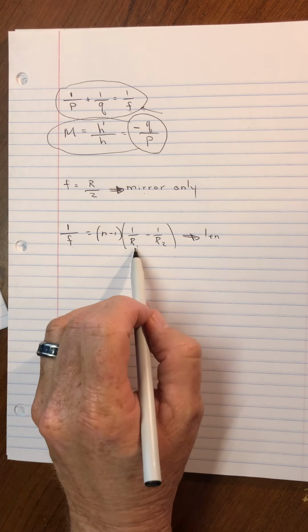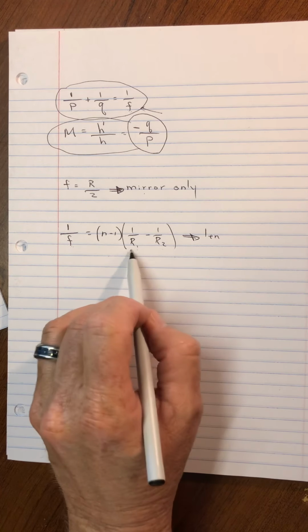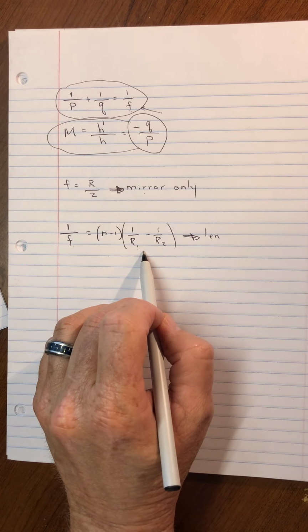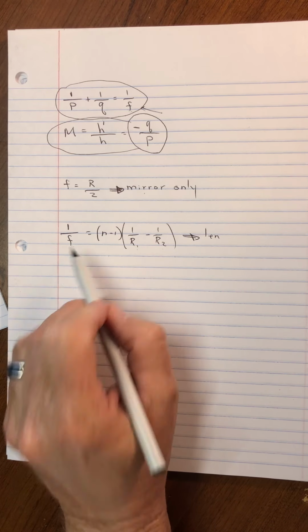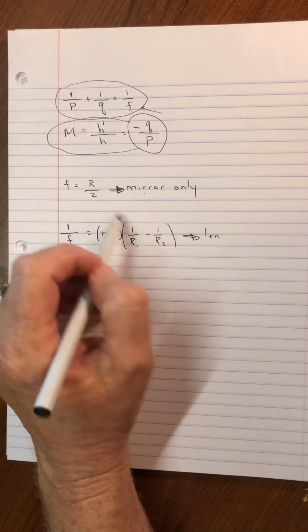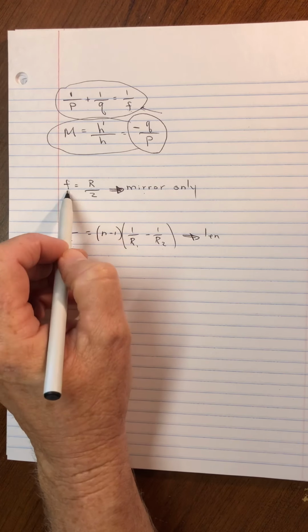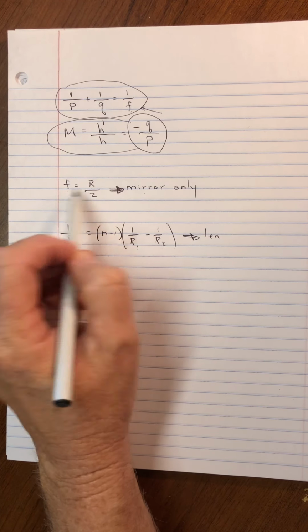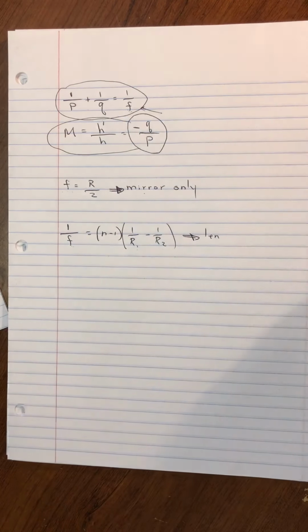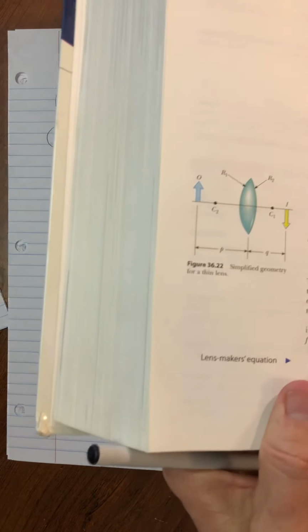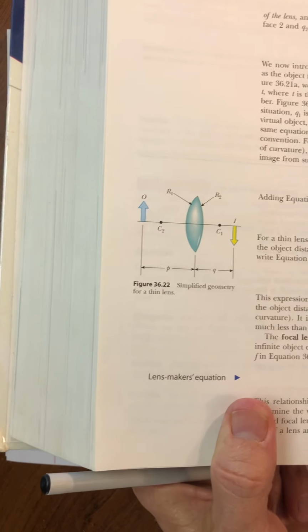So notice you could have two positive radii and yet still end up with a negative number here, whereas the mirror was much easier. When R was positive, F was positive. When R was negative, F was negative. They went hand in hand. But the lens gets a little more complicated here.